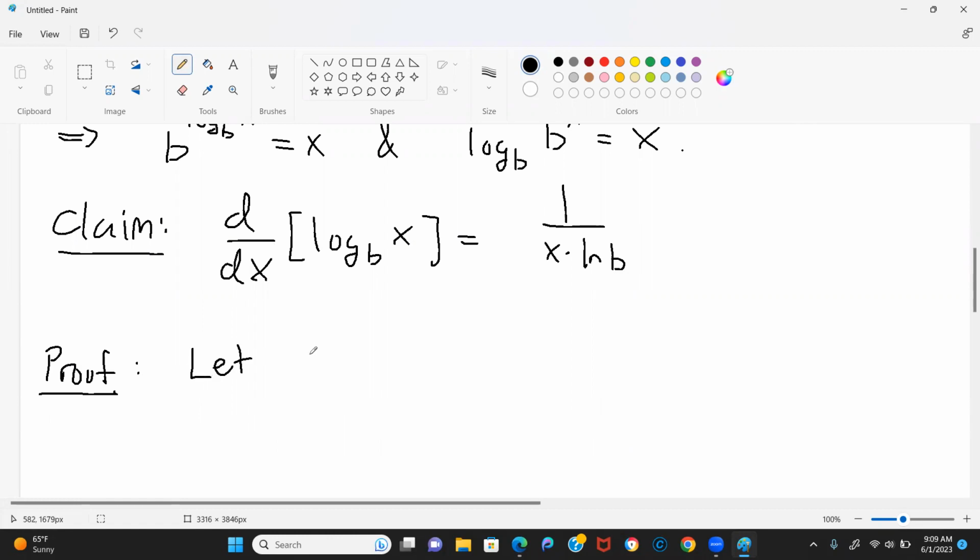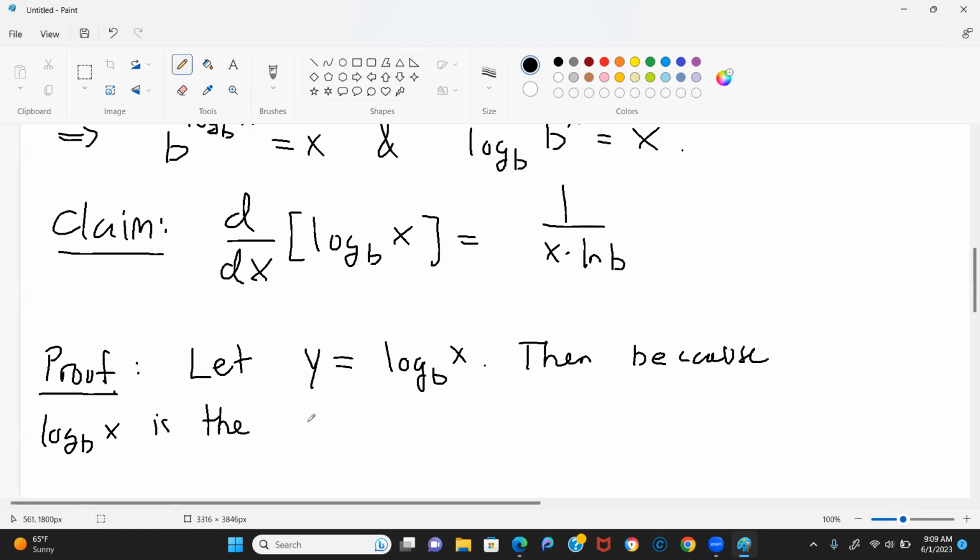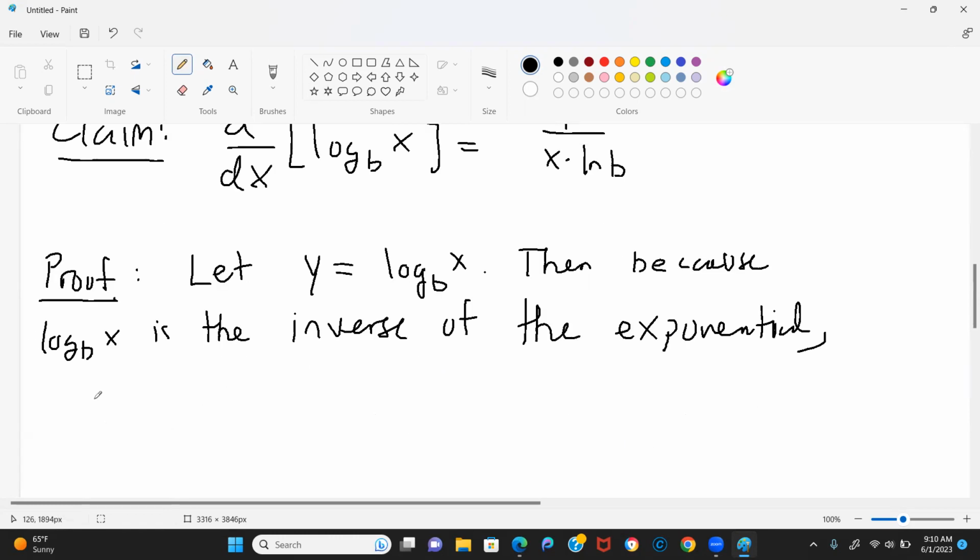So what we're going to say is, let y equal log base b of x. Because log base b is the inverse of the exponential in the above sense, we know that when you take b to the y, it's going to be equal to x.